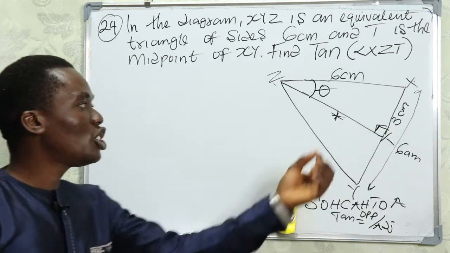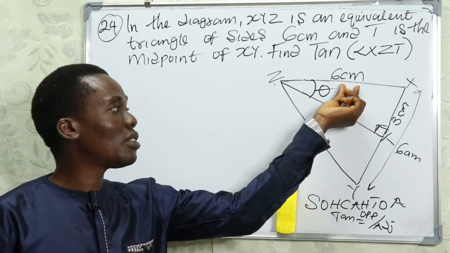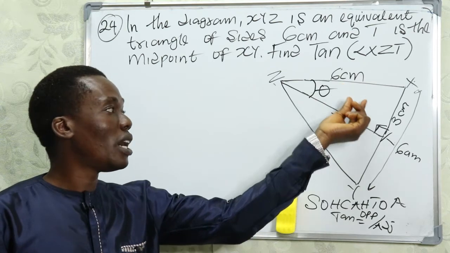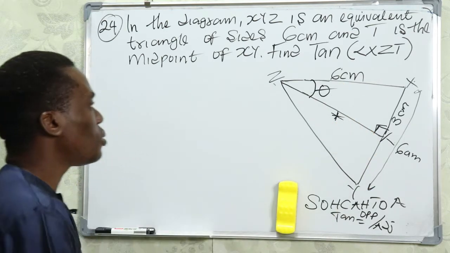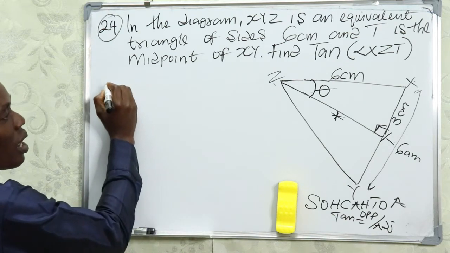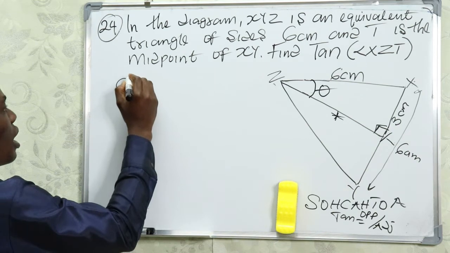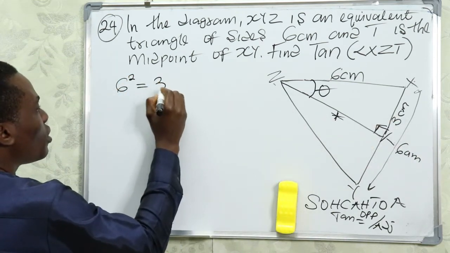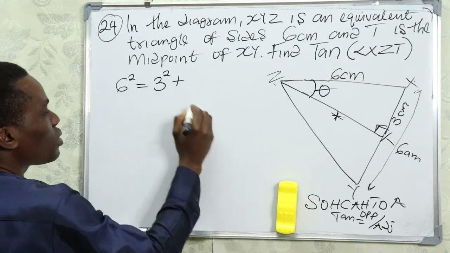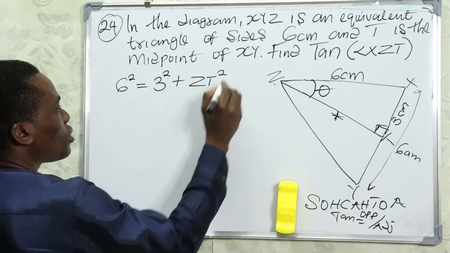And the Pythagoras theorem states that the square of the hypotenuse of a right angle triangle is equal to the sum of the squares of the other two sides. So if we have this side, which is the hypotenuse, we'll have it as 6 squared equal to this other side, 3 squared, plus this other side, which is ZT squared.